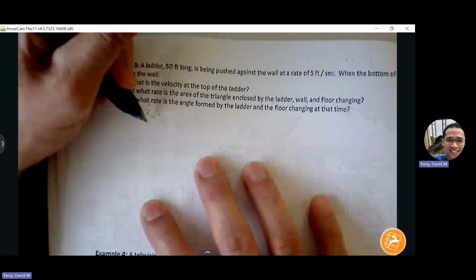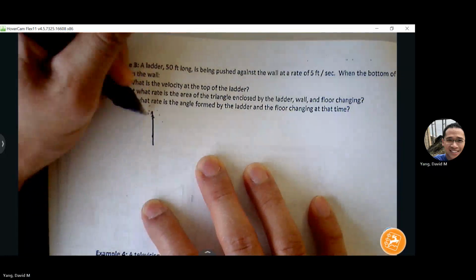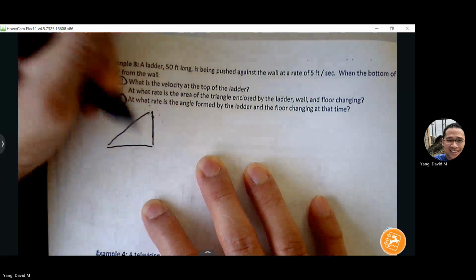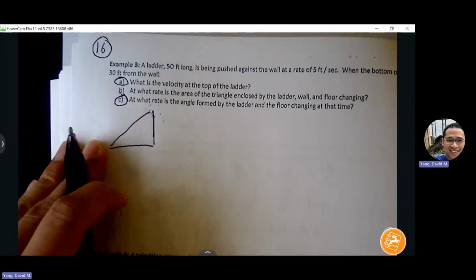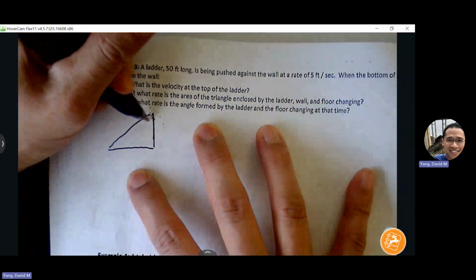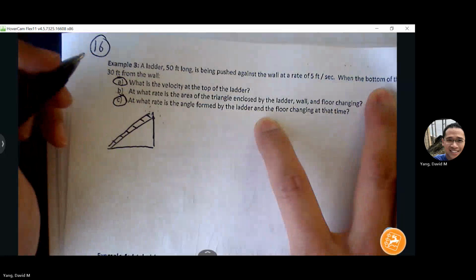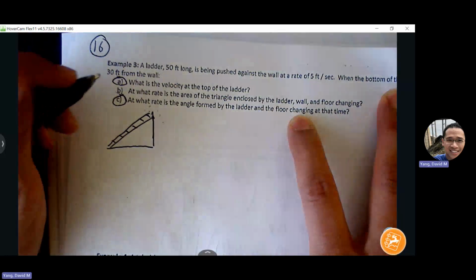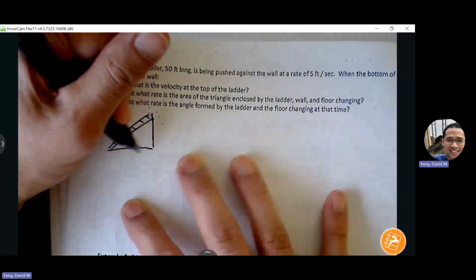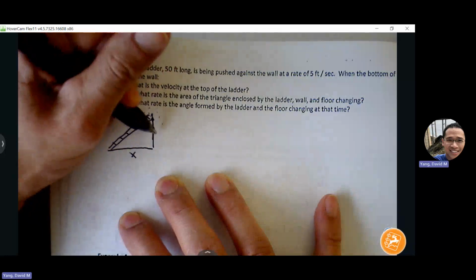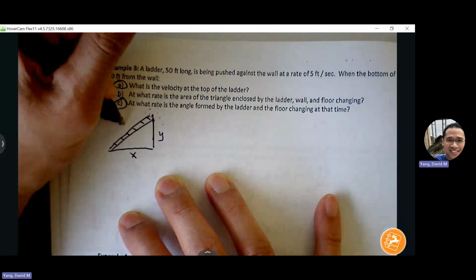All right, so a ladder 50 feet long is being pushed against a wall at a rate of 5 feet per second, when the bottom of the ladder is 30 feet from the wall. So I'm going to call this x, y, and z.